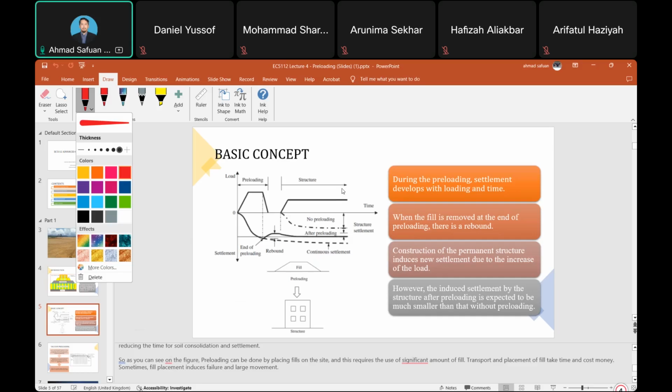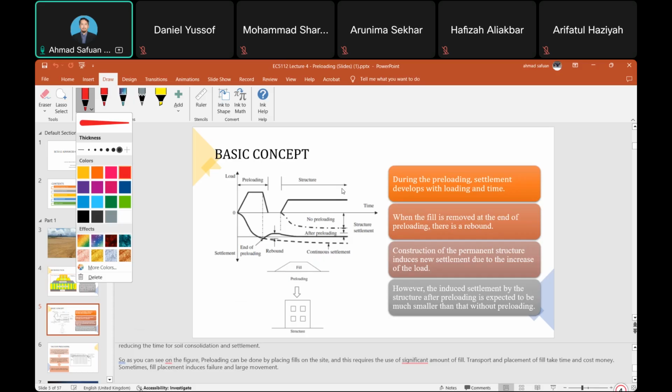Once we have carried out the preloading, the maximum load that we apply should not exceed the bearing capacity of the soil. If it exceeds the bearing capacity, there will be foundation problems.